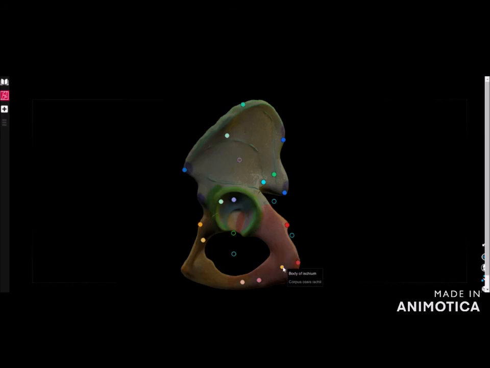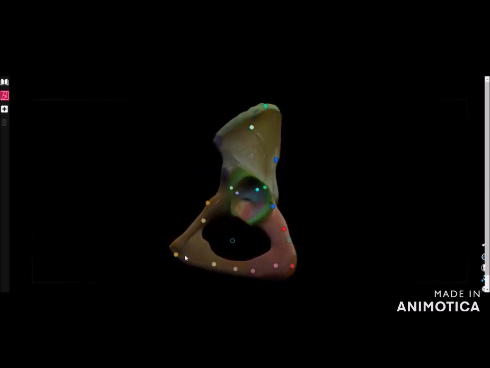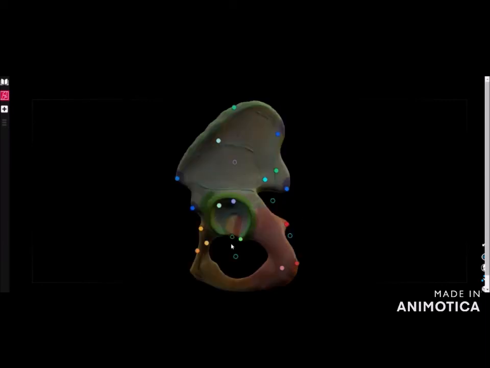Should be able to identify the ischium, which is this posterior part of the bone. This is basically your butt bone, and the pubis, which is this anterior portion. All three of these merge together into this area, which is known as the acetabulum.